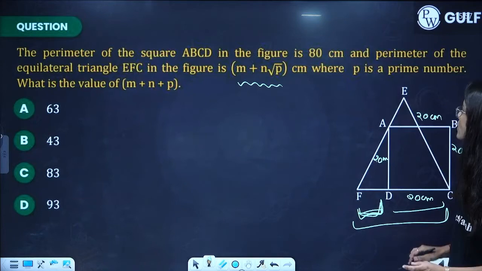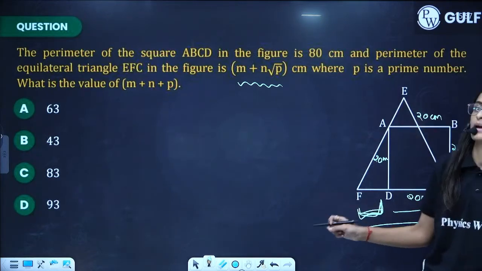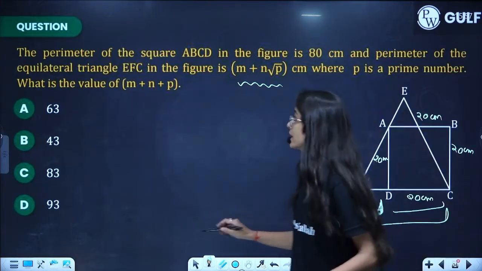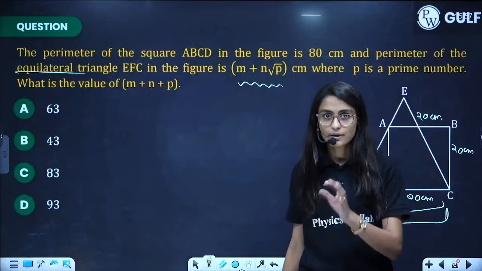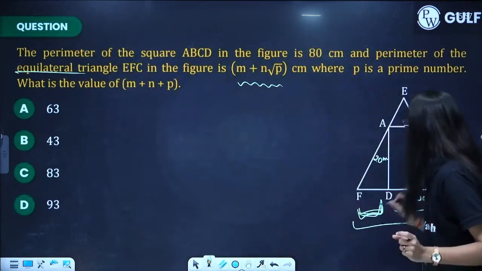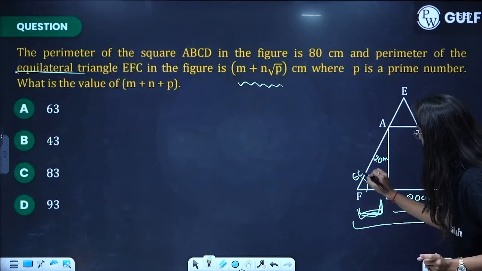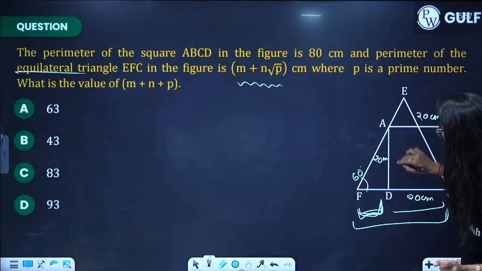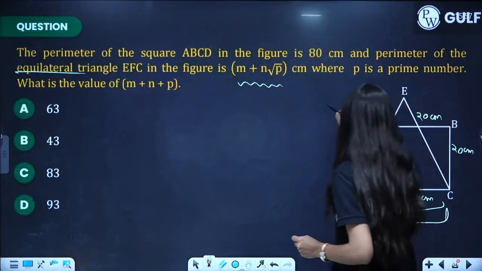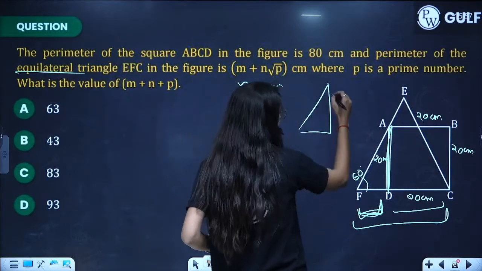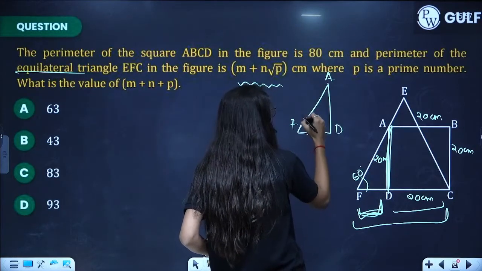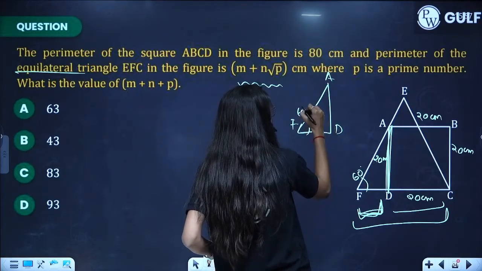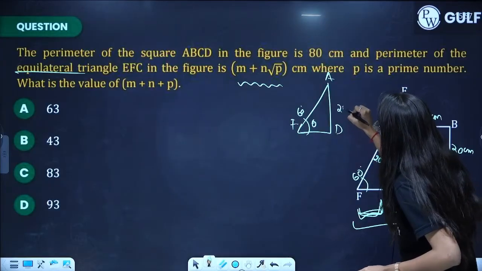Now what I know is, because this is an equilateral triangle, all of its angles would be 60 degree each. Is it? Angles would be 60 degree each. So if I am considering this angle as 60 degree, this AD will be my side. So in triangle AFD, I am considering theta as 60 degree, the length of AD is 20 centimeter.